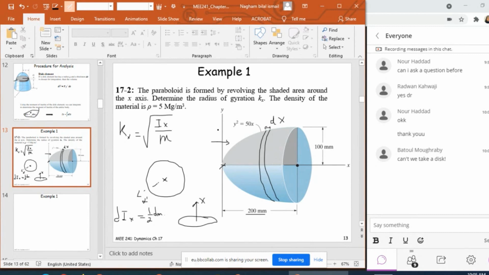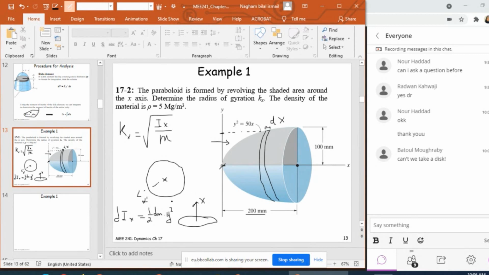It's in fact y squared, guys. So this is the radius of this thin disk. All right, so it is y squared, and in fact, I know that y squared is 50x.